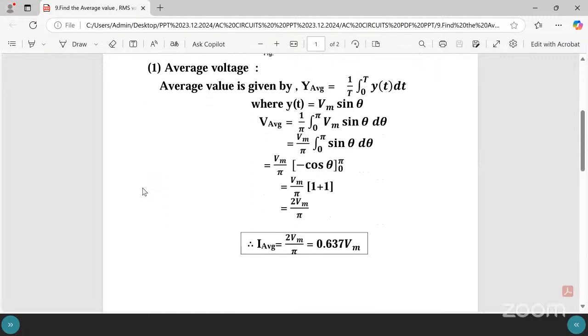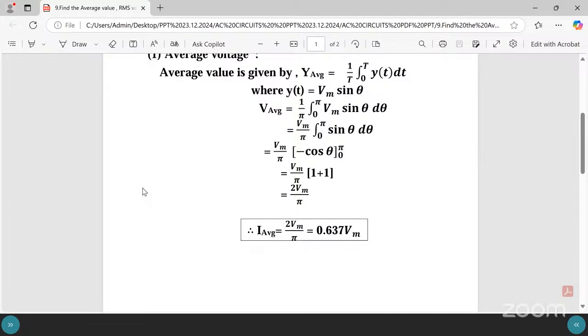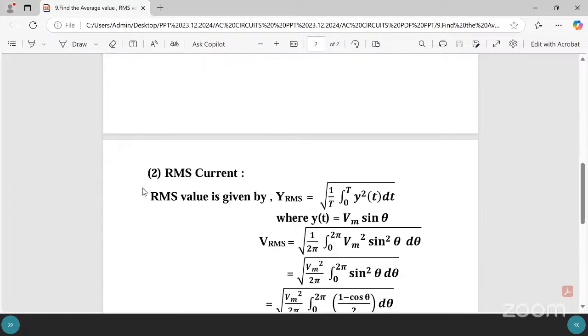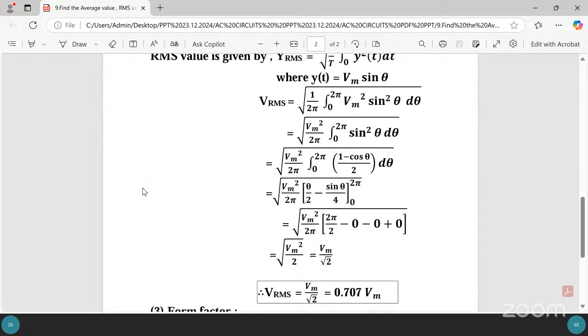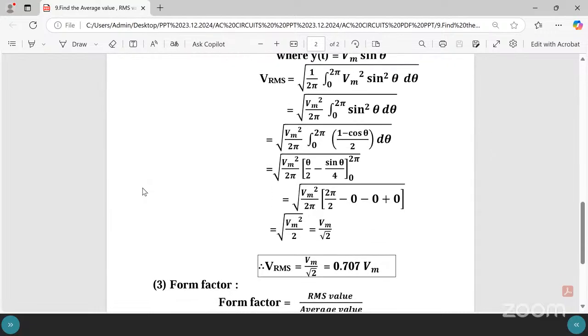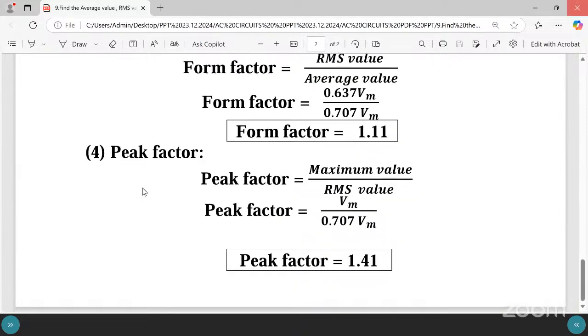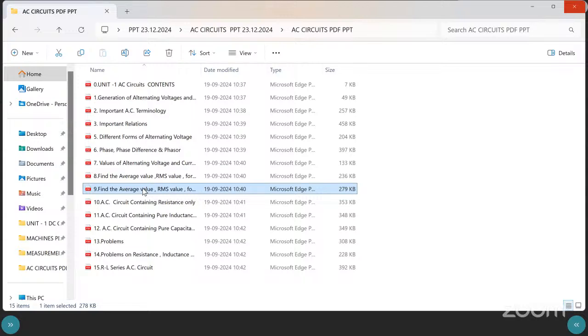The answer will be 2Vm by pi. For VRMS, the answer will be the same, and form factor 1.11, peak factor 1.41. So this is the ninth topic. These are the formulas related to AC circuits. Now pure resistance, 10th topic formulas.